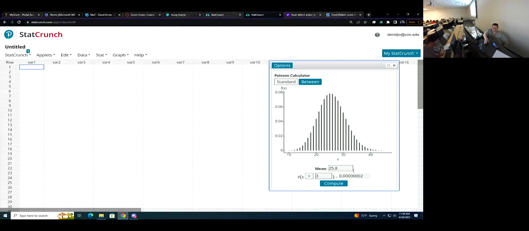What about less than 3? Look, it starts at 10. That's not a good sign. Less than 3 is times 10 to the negative 9. Holy shit.